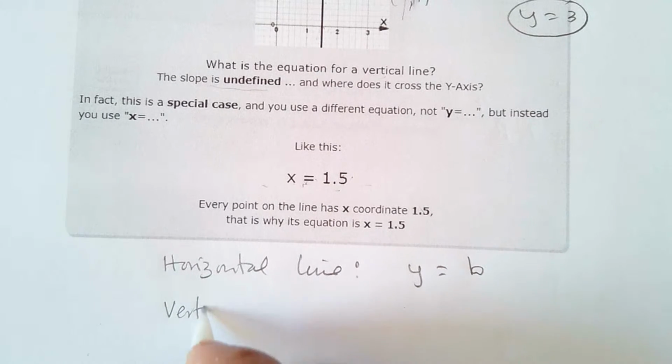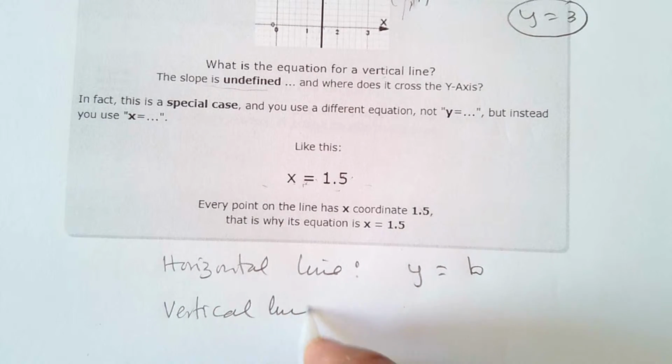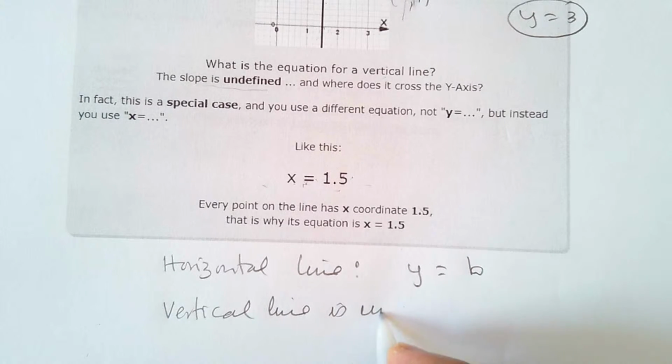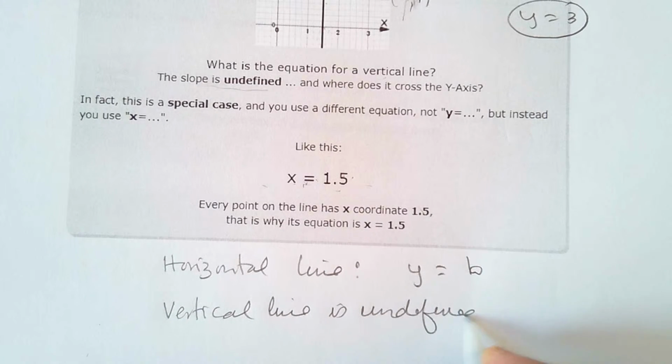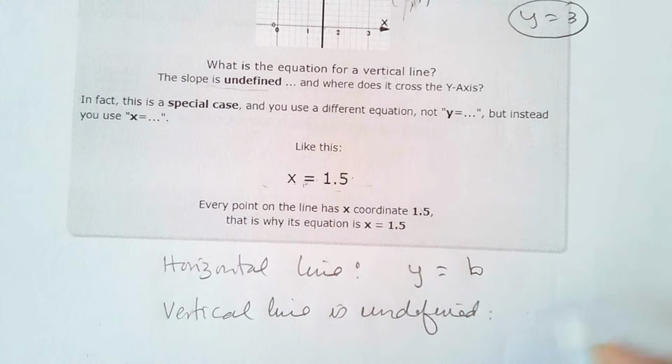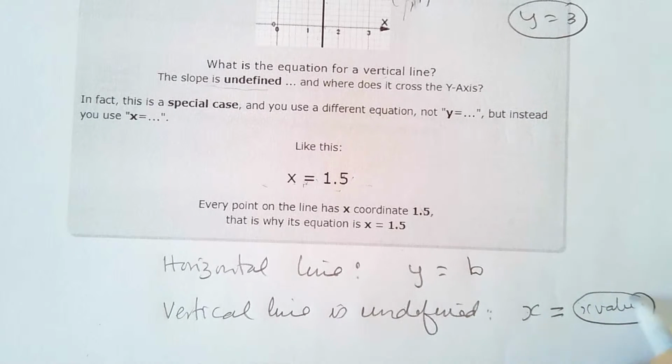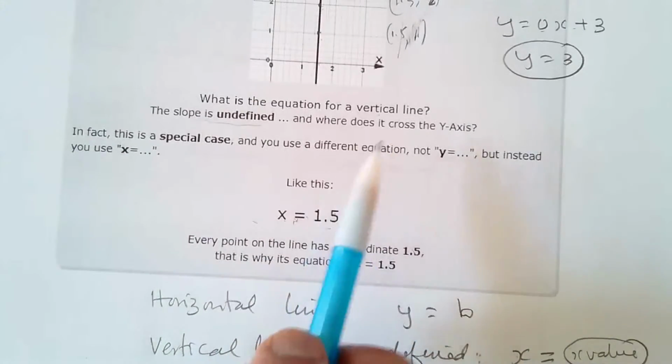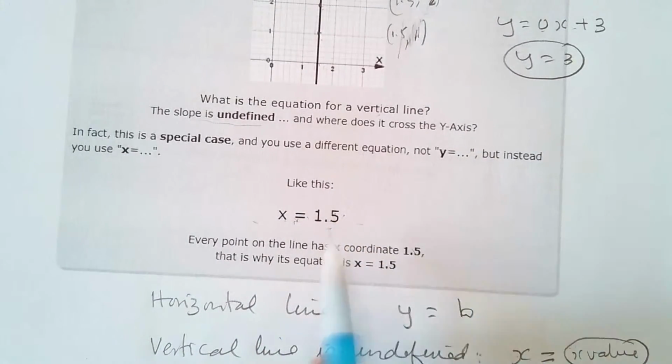A vertical line is undefined. And you can write this as x equal to wherever it crosses the x-axis, the x value. In this case, the x value is 1.5, so x is equal to 1.5.